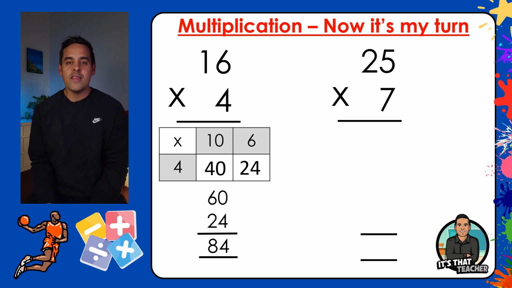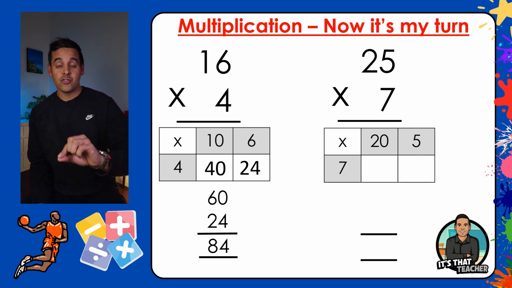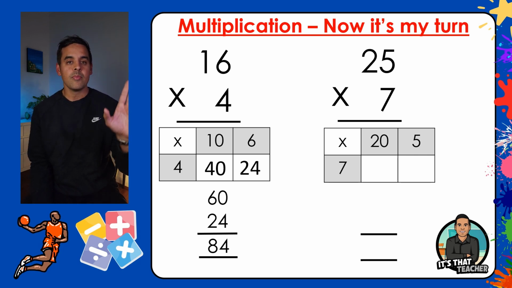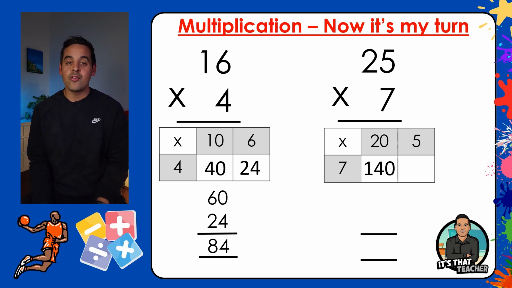Next question, 25 times 7. Make your table. Remember, noughts and crosses, multiplication symbol in the top left. Break it into the place values. 20 in the first box, 5, 25, and then timesing it by 7. So 7 times 20 is 140.